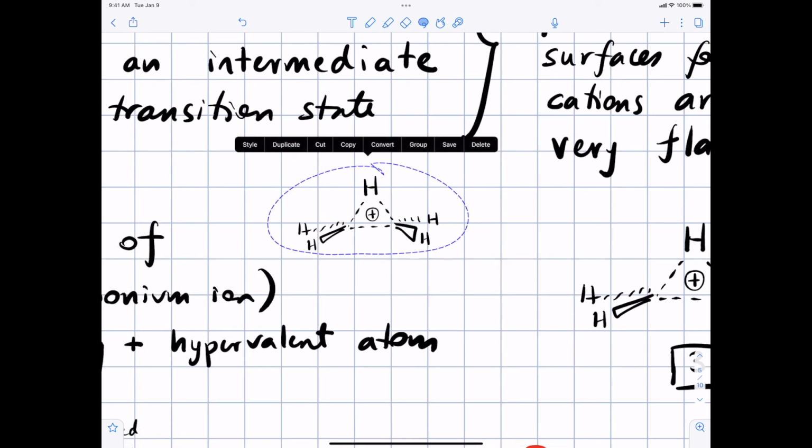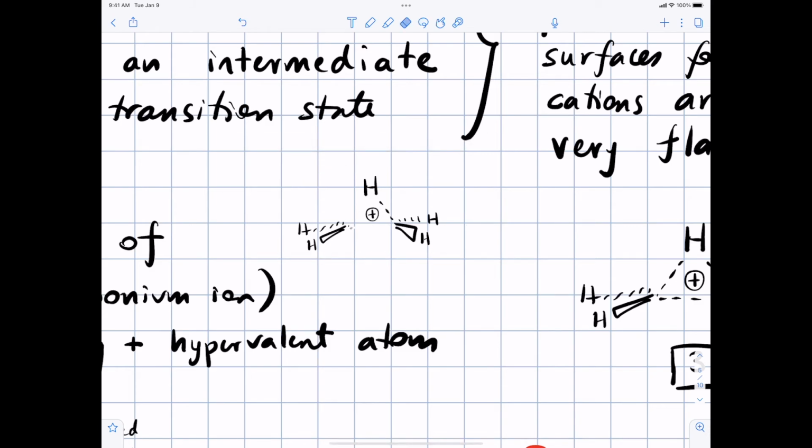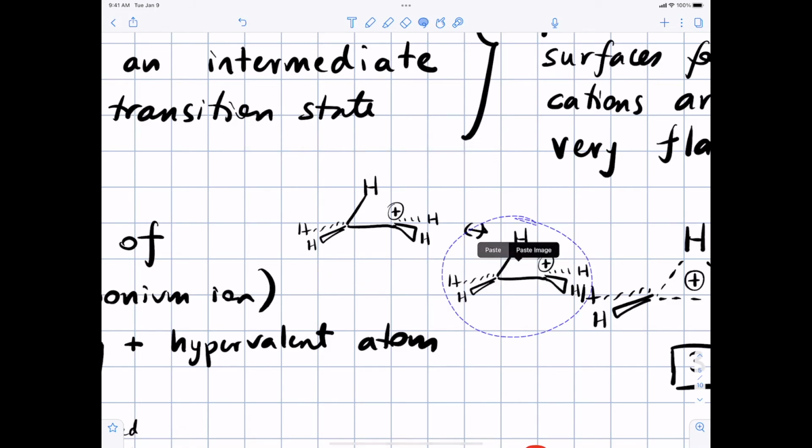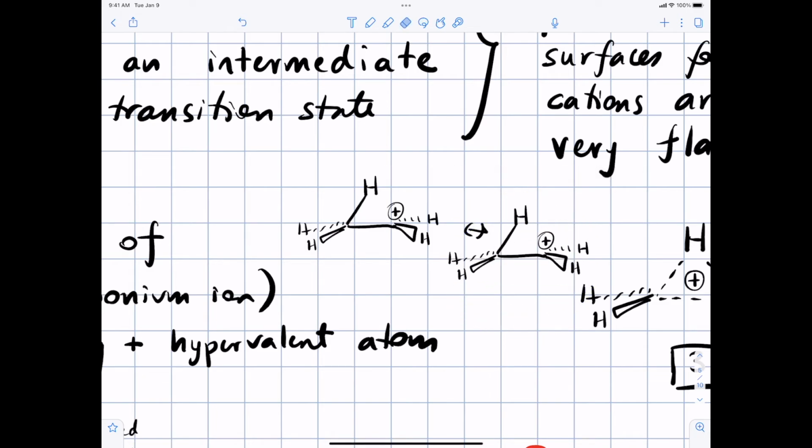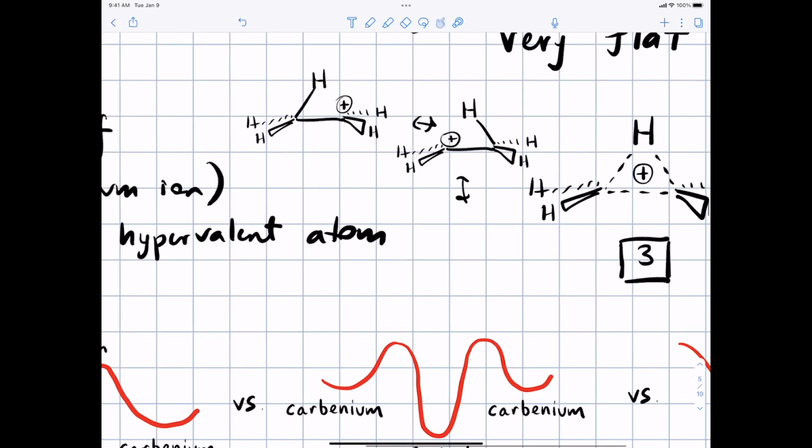So you could imagine a resonance structure like this, and a resonance structure like this, and a resonance structure like this. Let's see.